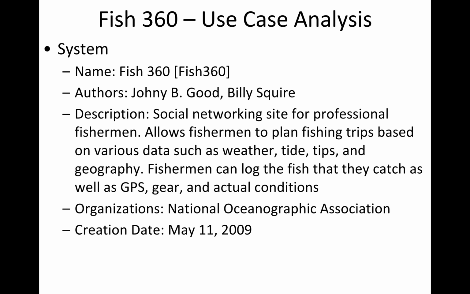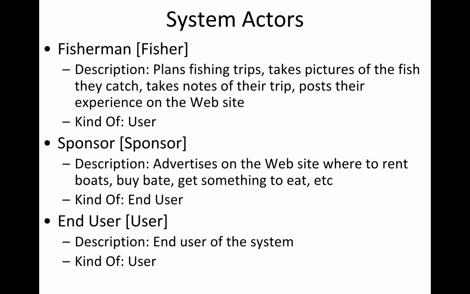It was written for the National Oceanographic Association, because they want to gather information from fishermen out there and gather what the health of the ecosystem is, by measuring the sizes and abundance of fish all throughout the New England fishing areas.